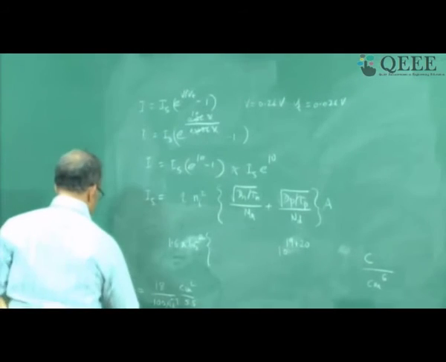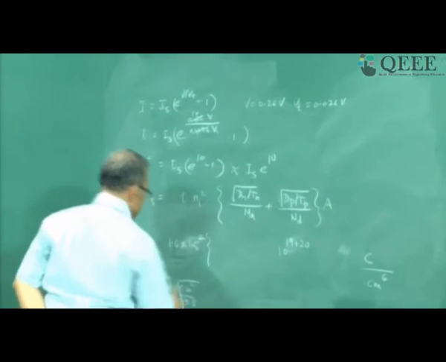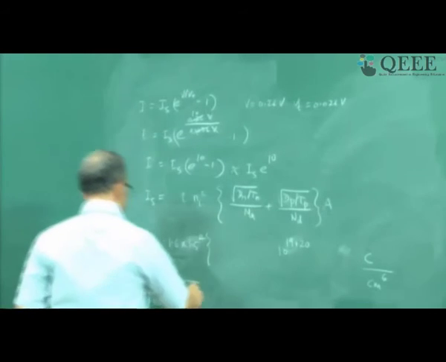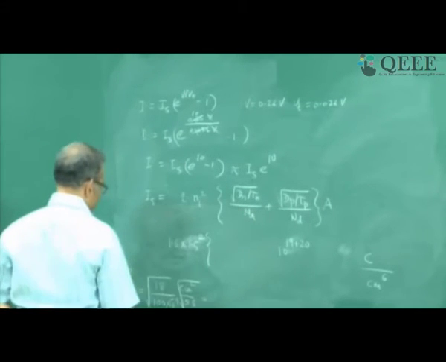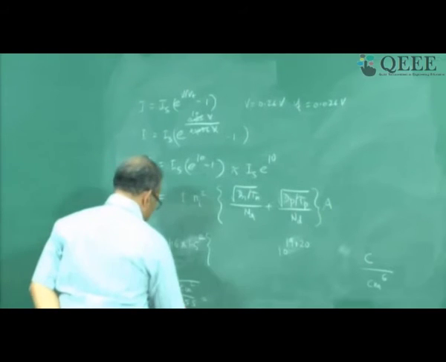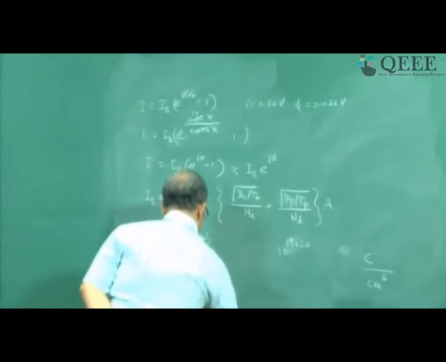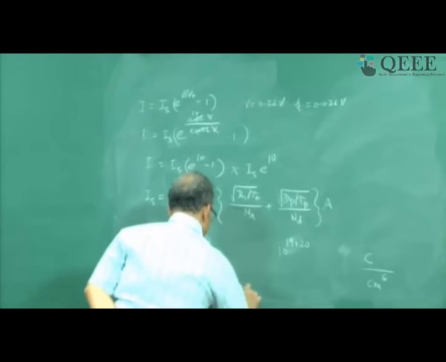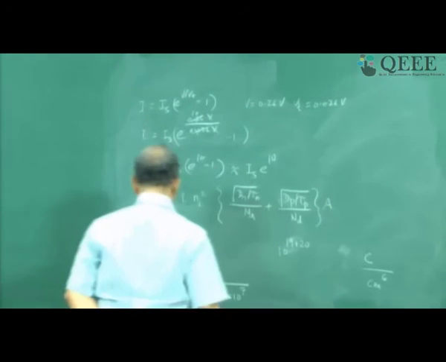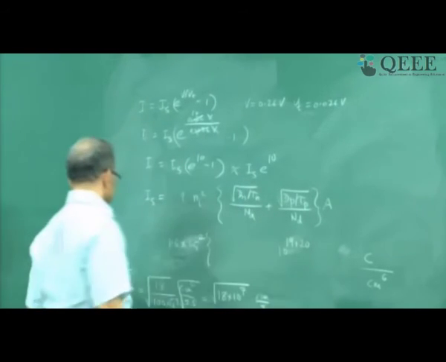So the square root is the square root of this and the square root of this. Now 100 into 10 power minus 9 is 10 power minus 7. So 18 by 10 power minus 7 is equal to square root of 18 into 10 power 7, and here the unit is centimeter per second.